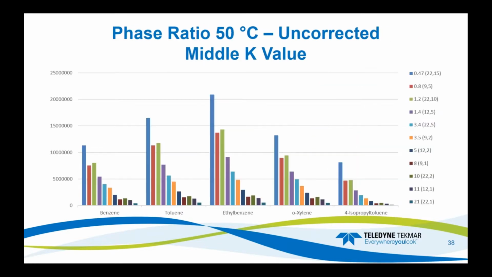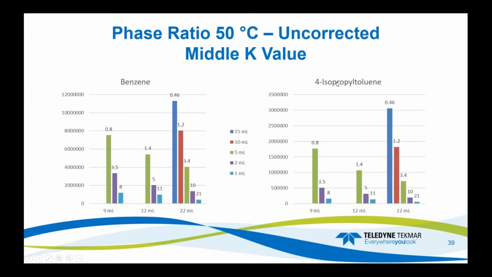Now let's look at some of the middle partition coefficient values. Again, we see a similar trend here, and this is uncorrected. This is if I put that much sample into the vial. Pulling out the benzene and the 4-isopropyltoluene, we see a trend, but not as significant as we saw before.